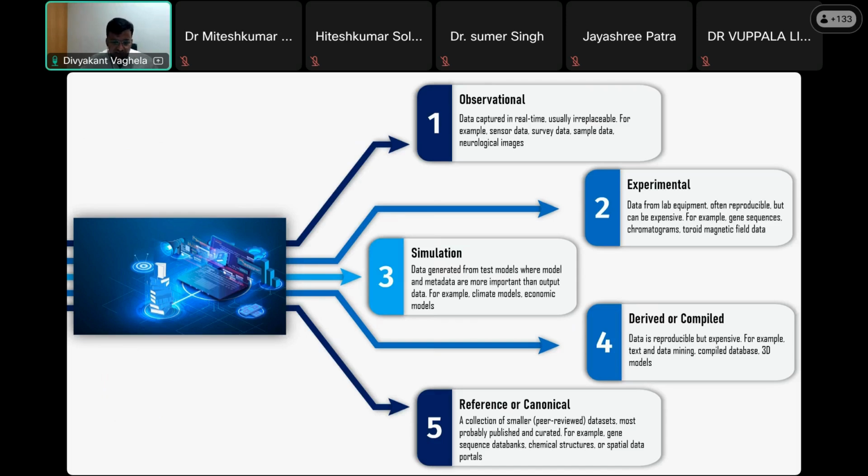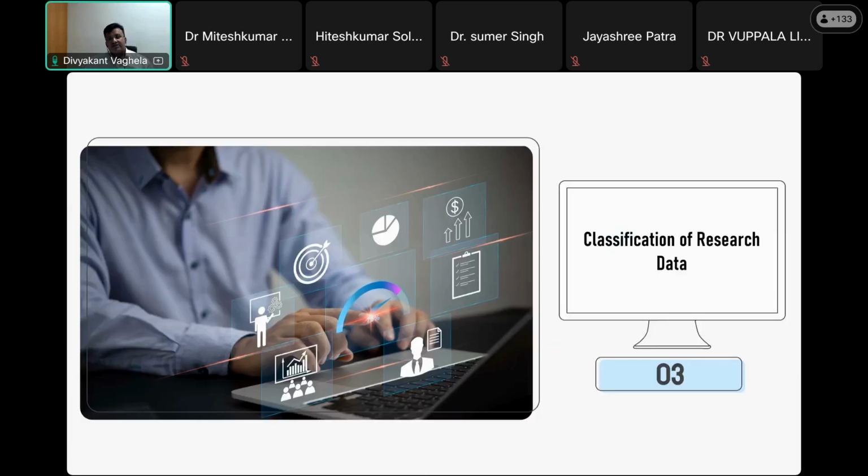Then another method is reference or canonical data, in which clean data sets are available, like gene sequence banks, data banks, chemical structures. From that, they extract some portion of the data and then do the research on that.